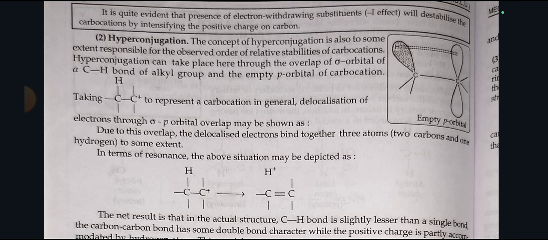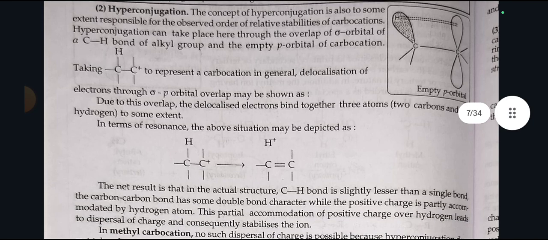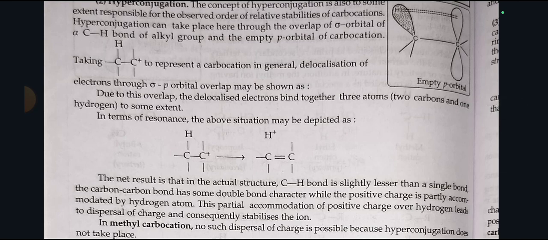Taking CH-C+ to represent a carbocation in general, delocalization of electrons through sigma-p orbital overlap may be shown as follows. Due to this overlap, the delocalized electrons bind together three atoms, two carbon and one hydrogen, to some extent.